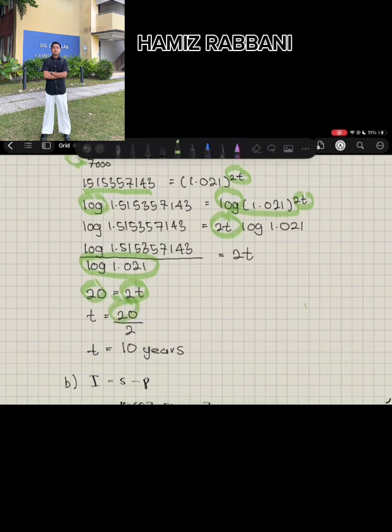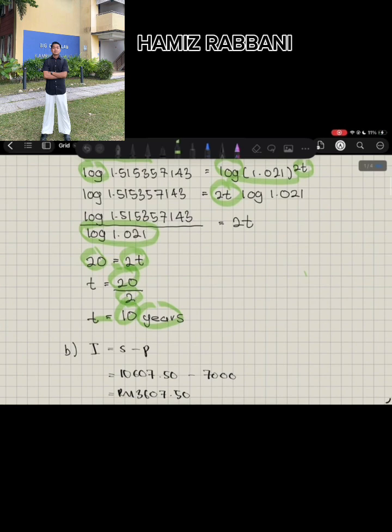I divide 20 over 2, and I get 10 years for t. That's the answer for question A.